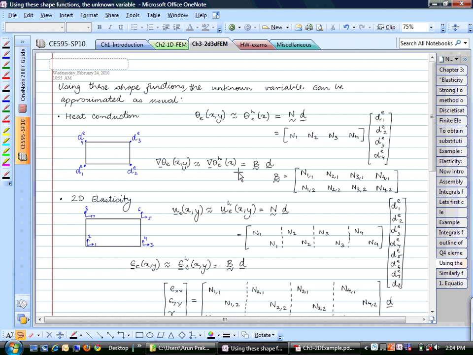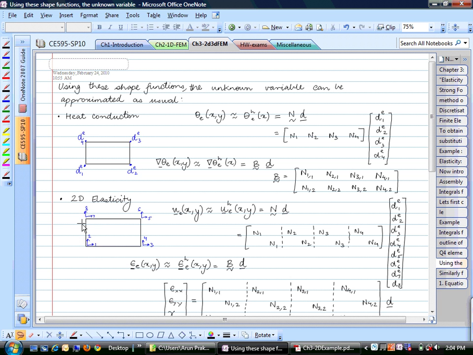And using this, you can also calculate the temperature gradient, in which this B matrix turns out to be that. There is one extra column in this N matrix and this B matrix. So as you can imagine, you can build a 5-noded polygon, and that would have 5 columns in this case.